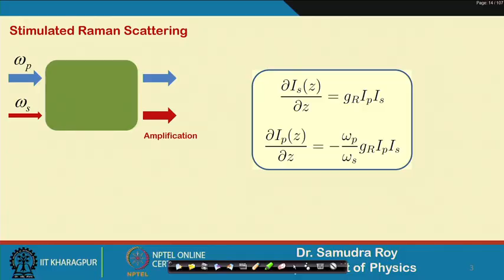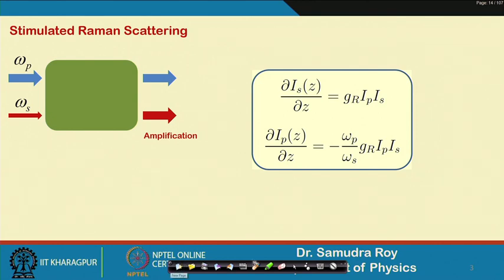So, let us quickly go back to our original problem: we want to find out how the Stokes wave is going to evolve, and in order to find that, we need to solve the differential equation that we derived in the last class.